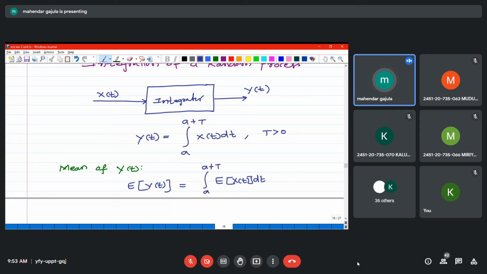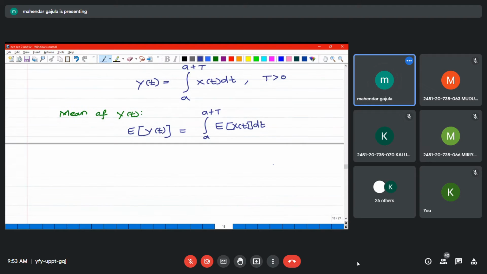This way you have to find the mean. And the mean square value of yt is the expectation of y square t. If you know the mean and mean square value, we can find the variance.